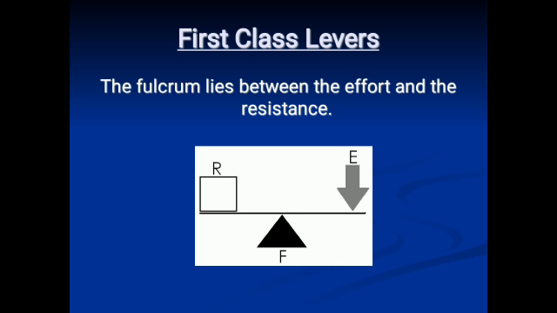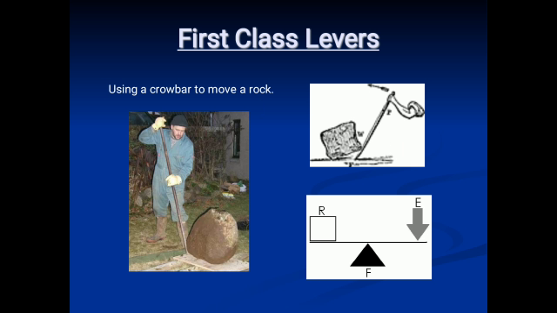So for your understanding, this is how exactly these things happen. Class 1 lever is with the fulcrum in between resistance and effort. We can see here a simple example. A person is lifting a load with a crossbar. The effort is being applied with the help of the hands.